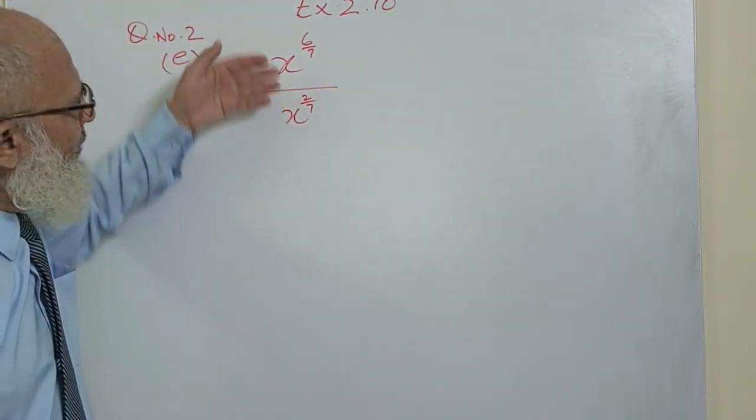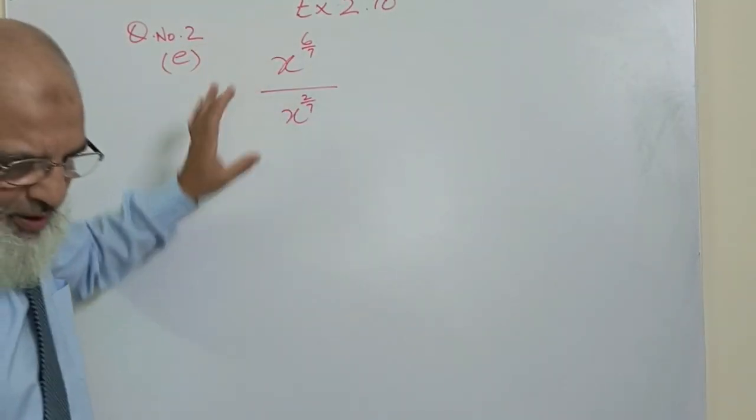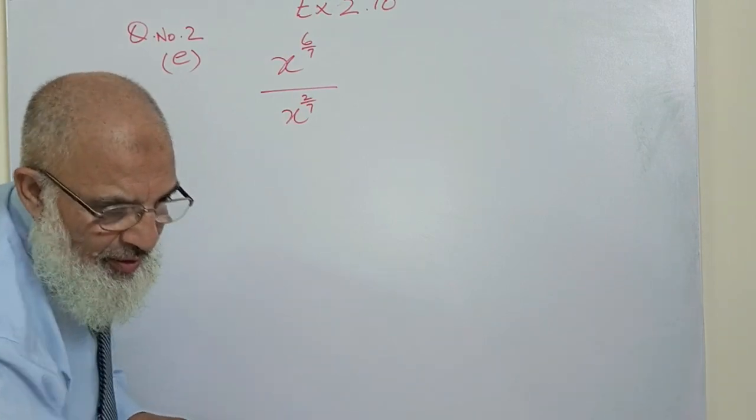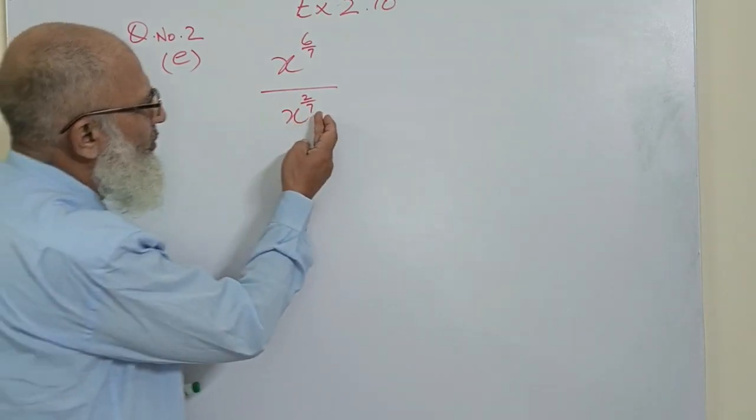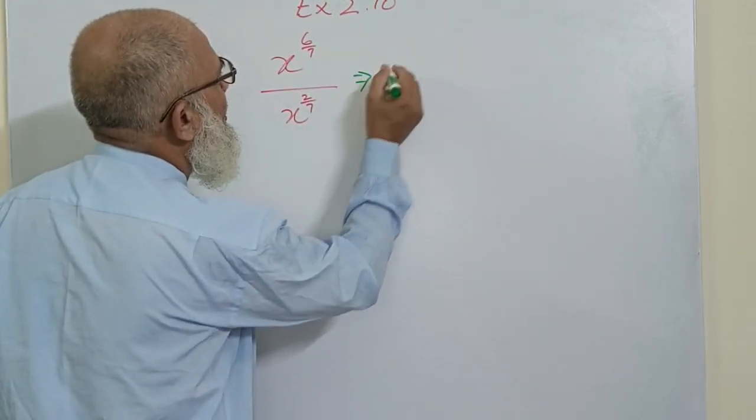So this portion is bigger than this one, so we'll proceed from denominator to numerator.